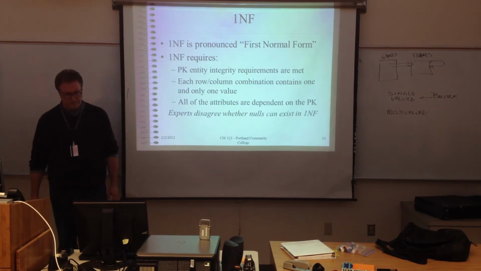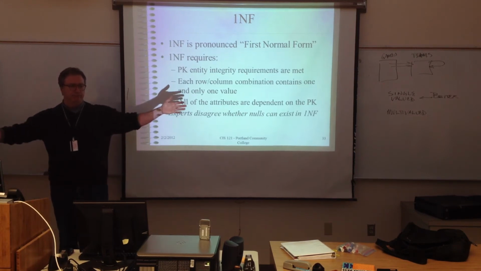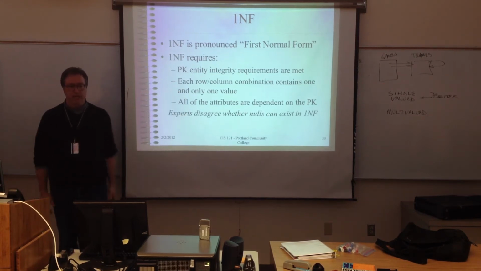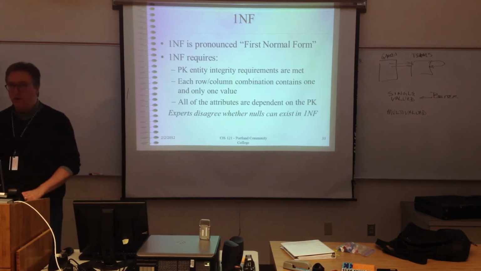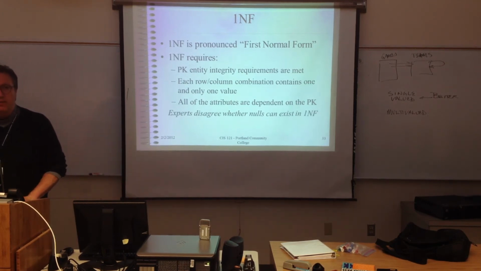So, the first normal form is simply I've got PK integrity, and every cell has something, and that value might be null. So what have I done? I've removed all of my multi-value attributes.